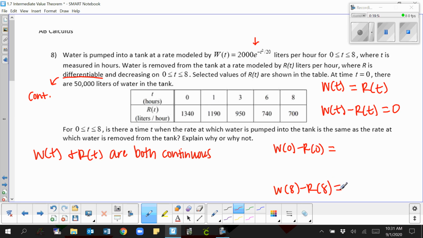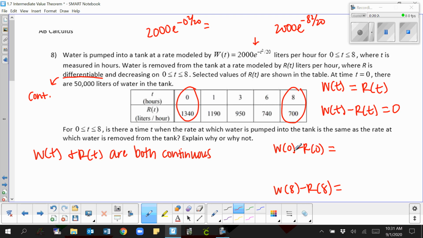You can use your calculator to figure out what W of 0 is and what W of 8 is. I'm looking at 2,000 e to the negative 0 squared over 20, and I'm looking at 2,000 e to the negative 8 squared over 20. My R values can be found in our table, we've got our 0 and our 8.